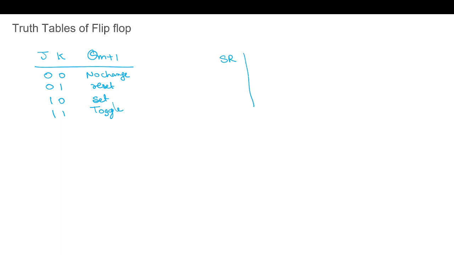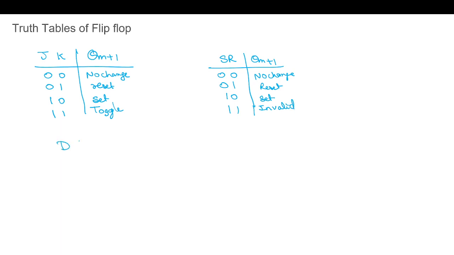So the truth table of JK flip-flop, if we consider, it is no change, reset, set, toggle. No change, reset, set, and invalid.